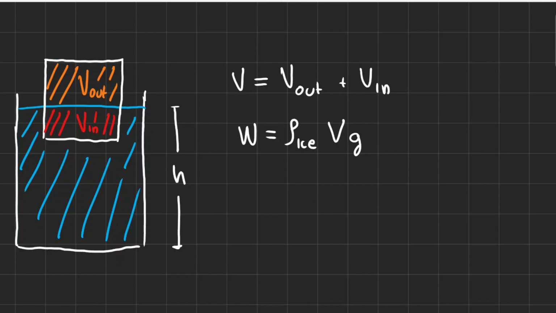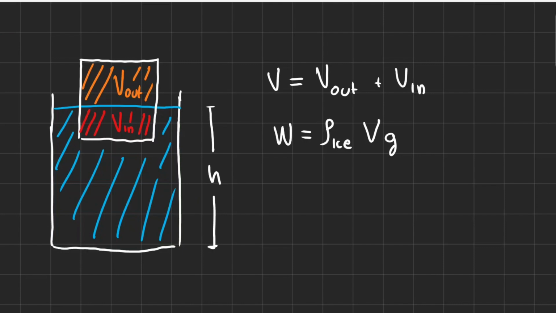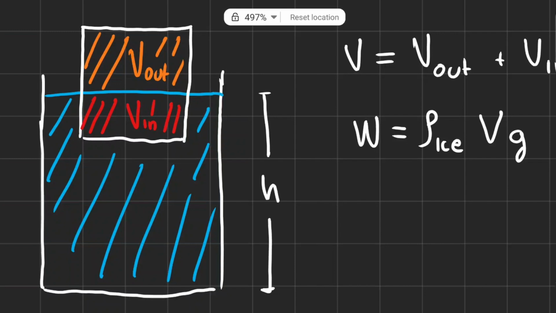Now what we are going to use is the Archimedes Principle. And what does it say? Remember that Archimedes says that if we have an object that is floating on water, this object has a weight, and it has also displaced some volume of water that is equal to the volume of the ice that is inside the water.